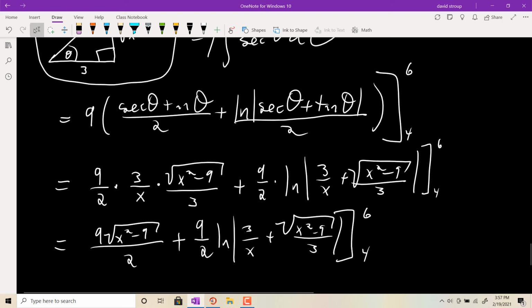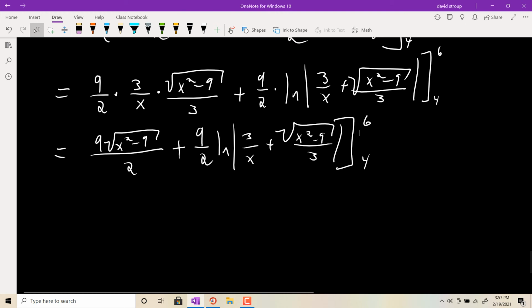And then plug in 6, so get 9, square root of 36 minus 9. 36 minus 9 is 27, which is 3 root 3, right? So it'd be 9 times 3 root 3, and then it seems like it should be all over 2. What did I miss? There's a 6.